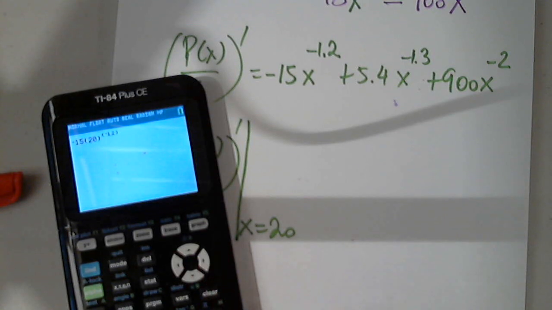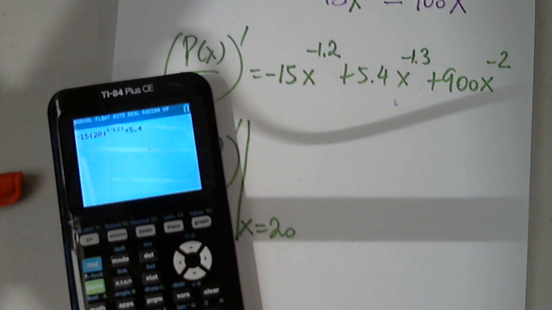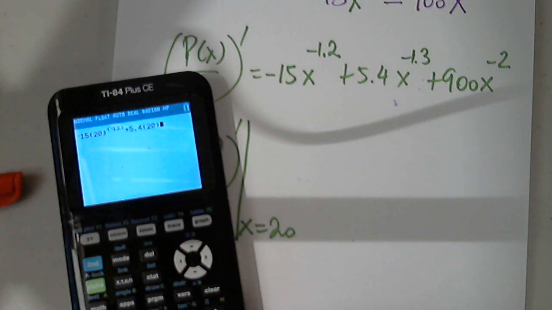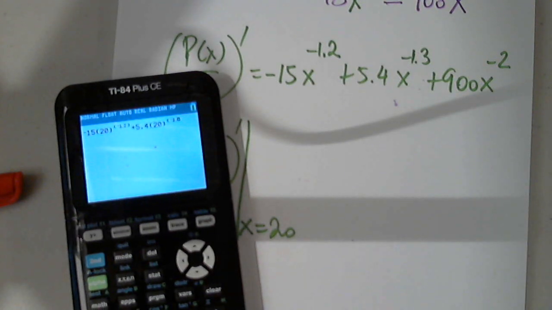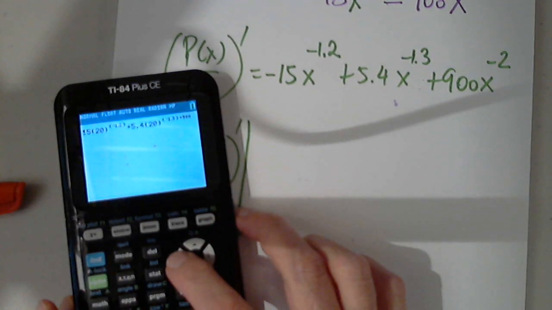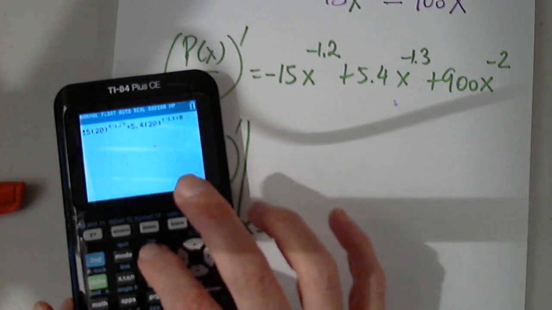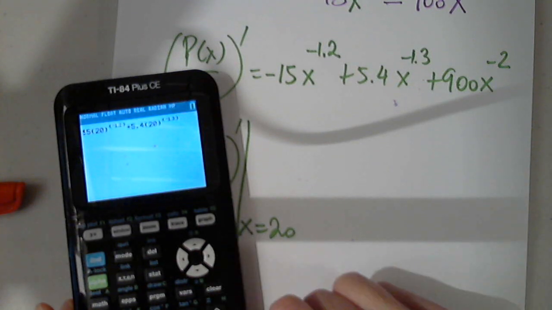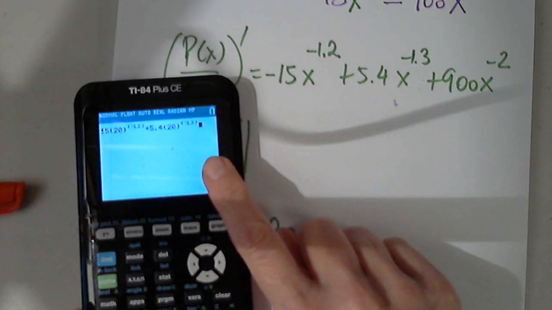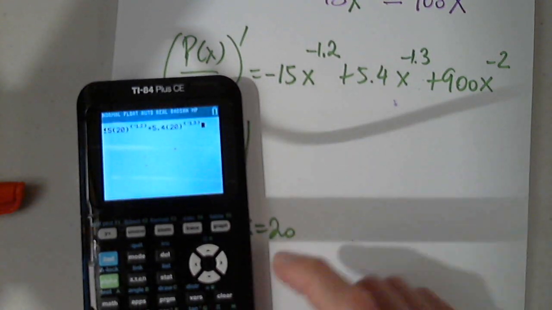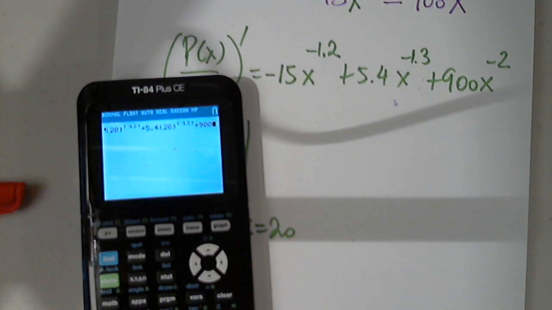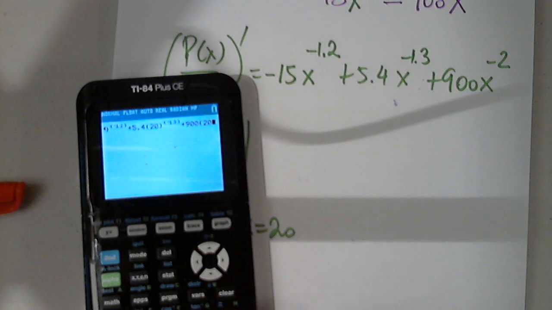It may work without, but I don't want to test that. 5.4 multiplied by, parentheses, 20, close the parenthesis, caret, in parentheses, negative 1.3, close, plus 900, in parentheses, 20, close the parenthesis, power, parentheses, negative 2.